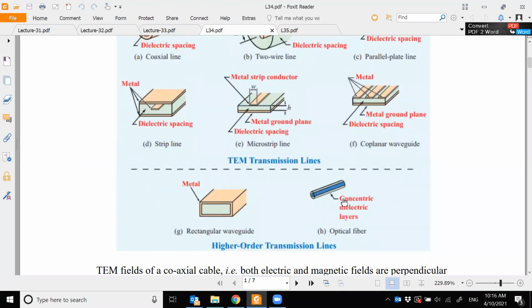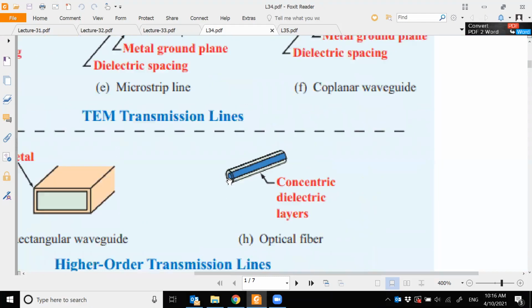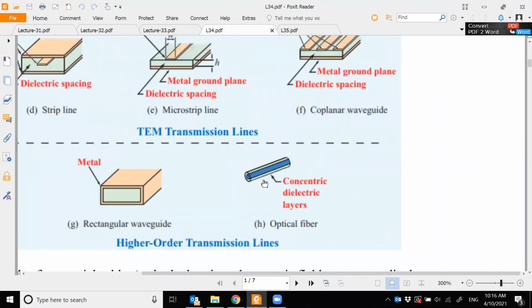And this is again our optical fiber. See, here there is no metal, but you see the dark blue is my center core, which is of a different dielectric material, and the outside, which is the light green, is another dielectric, but its refractive index is smaller. And why do we not require any metals here?